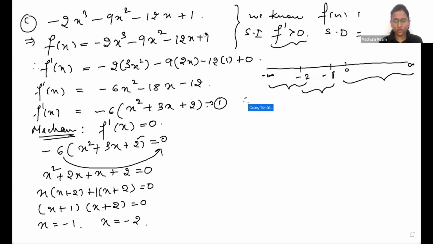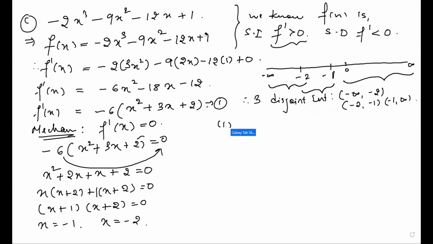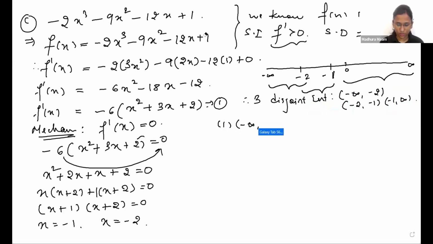So therefore the three disjoint intervals are minus infinity to minus 2, minus 2 to minus 1, and minus 1 to infinity. So how many times I have to check here? 3 times. Okay, so let us take the first one, minus infinity to minus 2.